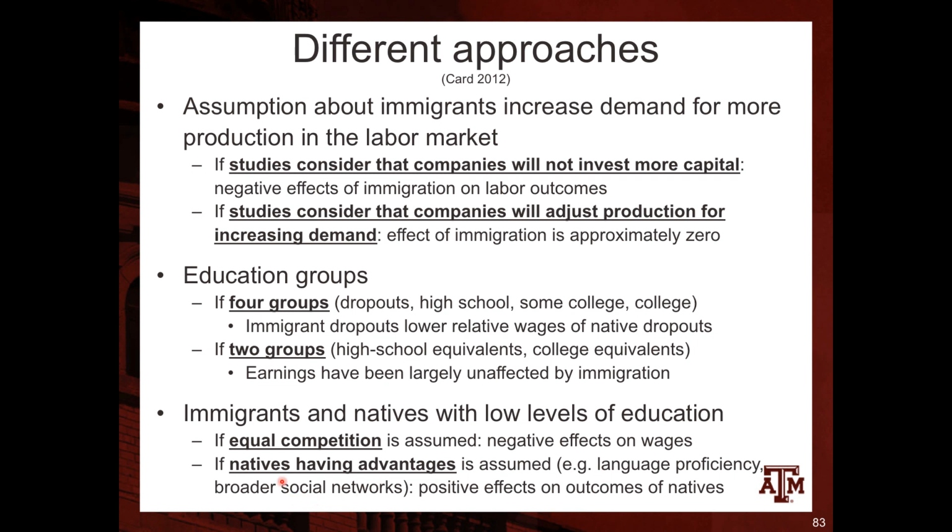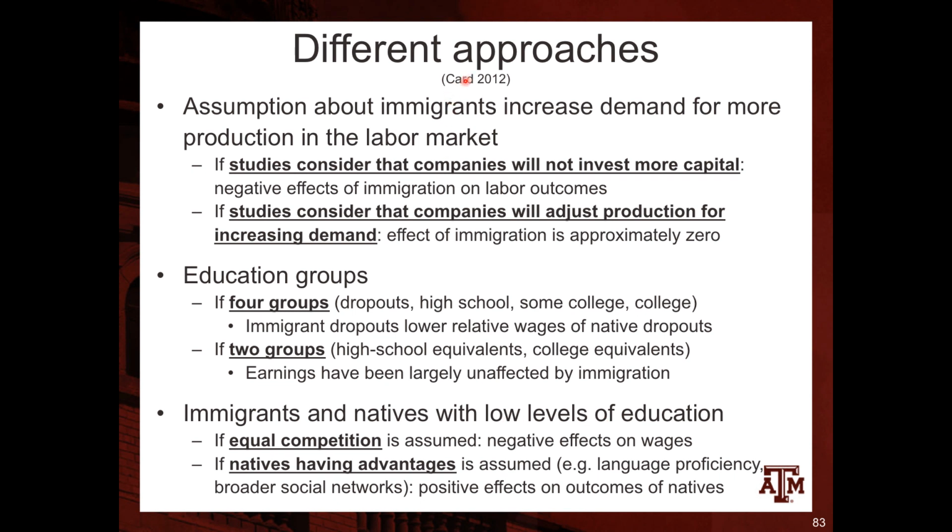So these people here, the US-born workers with low levels of education, they might have a disadvantage because of their lower level of education, but they know English and they have broader social networks than immigrants with low levels of education.